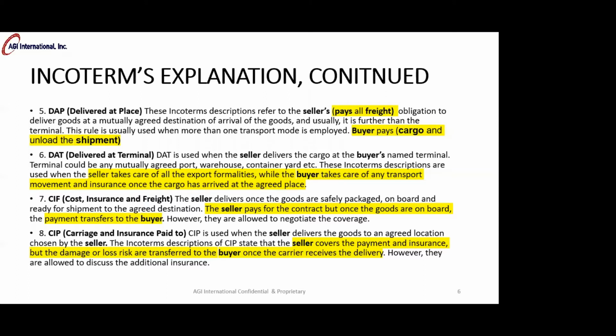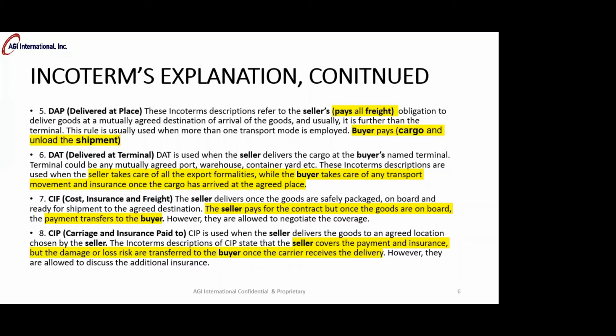The DAT is delivery at the terminal. And all that means is the seller delivers the cargo to the buyer's name at the terminal. And the terminal could be mutually agreed upon, be a warehouse, container, wherever it is.